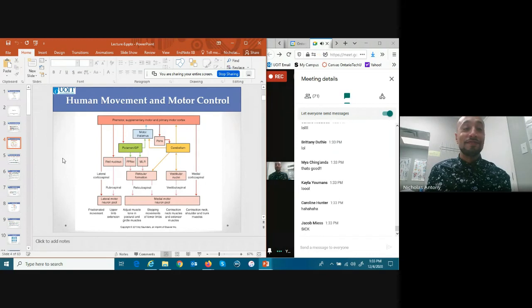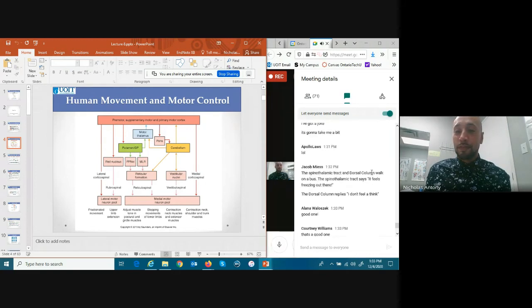That was a good one. Spinothalamic. The spinothalamic tract and dorsal column walk on a bus. Spinothalamic tract says it feels freezing out there, and the dorsal column says I don't feel a thing. Because, you get it? Because the dorsal column doesn't feel temperature. It's Tinder gold.